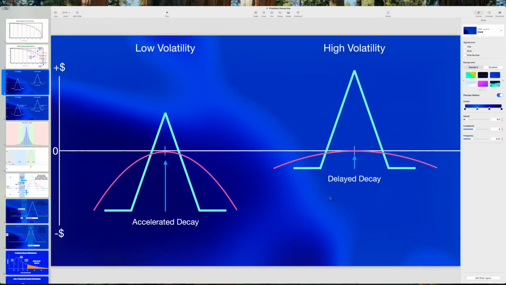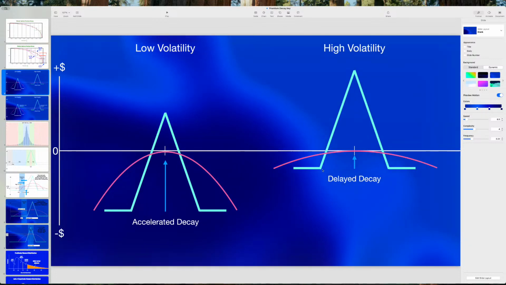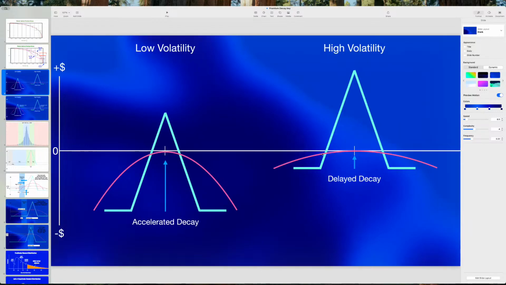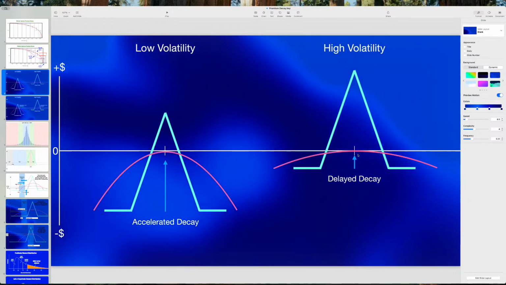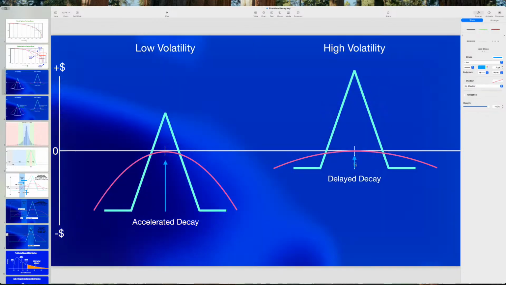When there's high volatility and you're putting your butterfly on, let's say you're putting it on at the money and it's morning time, there's been very little premium decay. And so in high volatility, you have a lot of room. See it over here on the right? You have a lot of room to make profit because you have all of this, right?